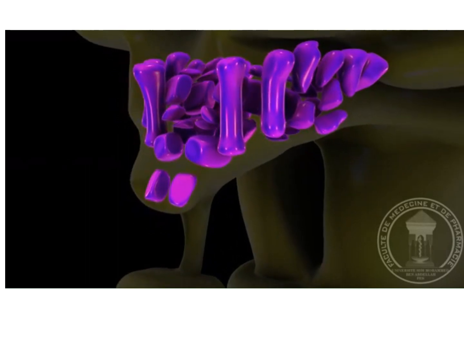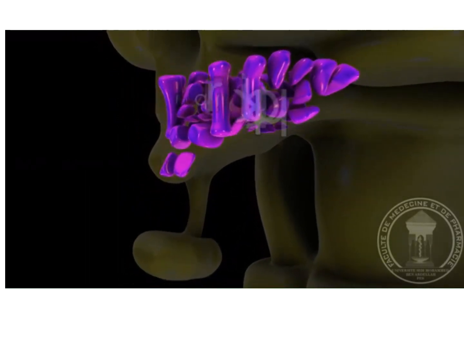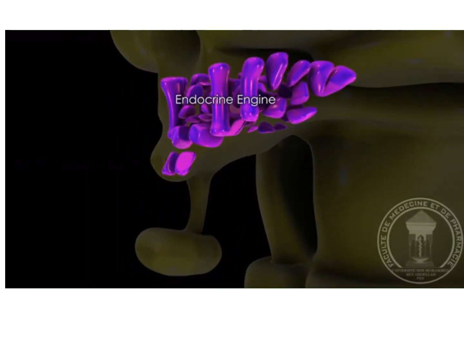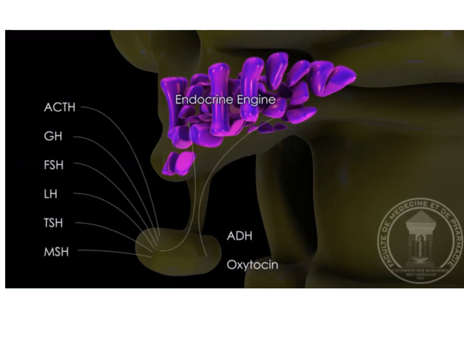The hypothalamus is the real endocrine engine of the whole body. It controls the secretions of the pituitary gland, which produces the most important hormones of the body.